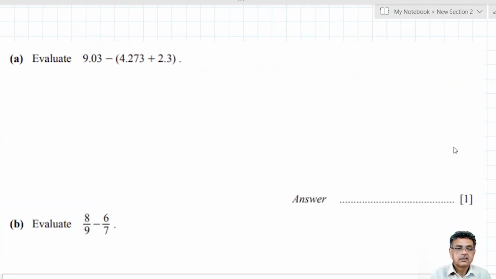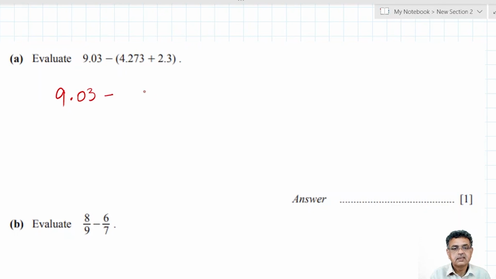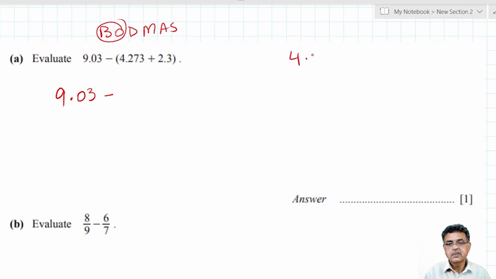Okay, now this one: 9.03 minus the sum of these two. BODMAS says that first we have to solve the bracket, then division, multiplication, addition, and subtraction. So the sum of these two, that is 4.273 and 2.3.